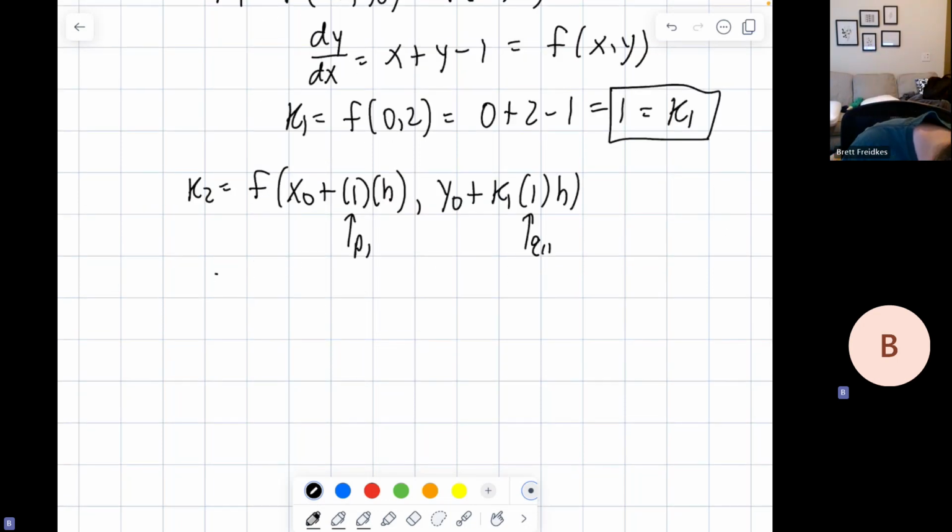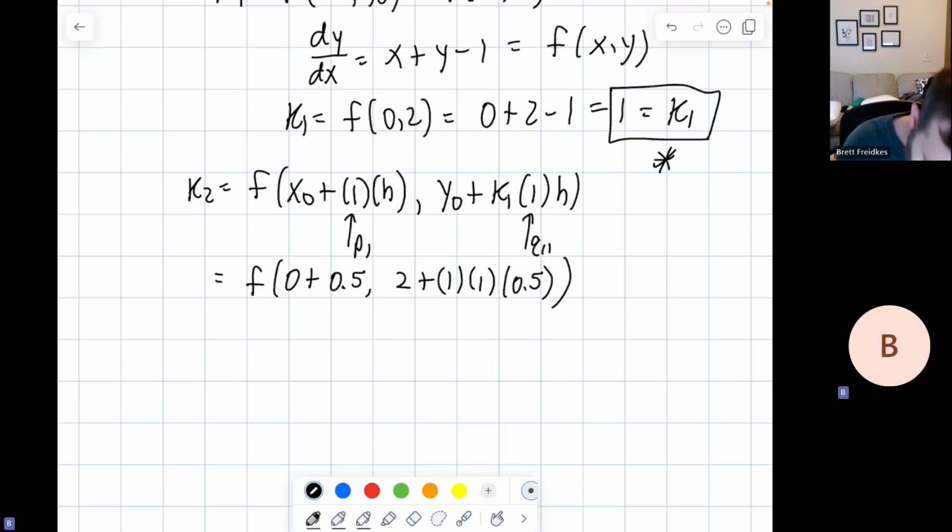So if we were to plug in things, this would be the function at x naught, which is 0 plus h times 1, which is a half. Our initial condition for y was 2 plus k1, which we just found up here. That was 1 times a half for h.